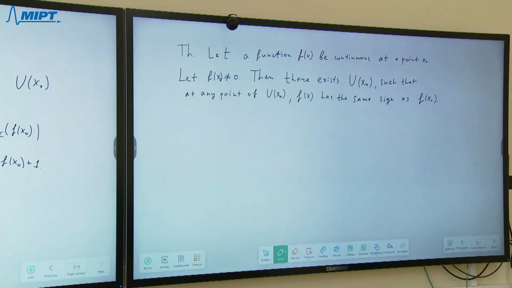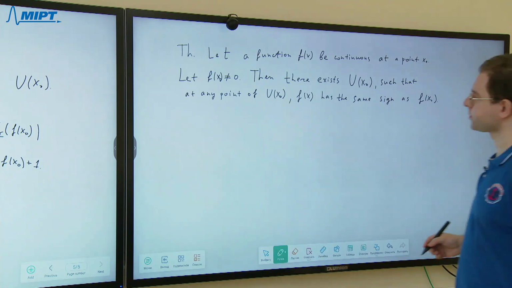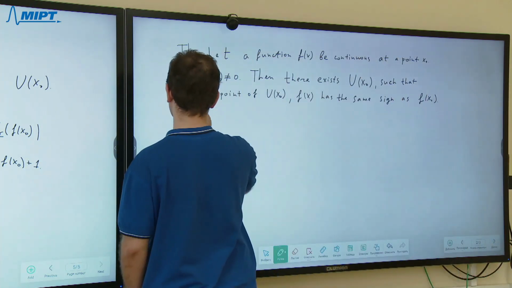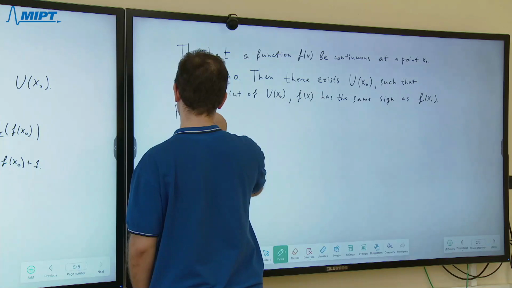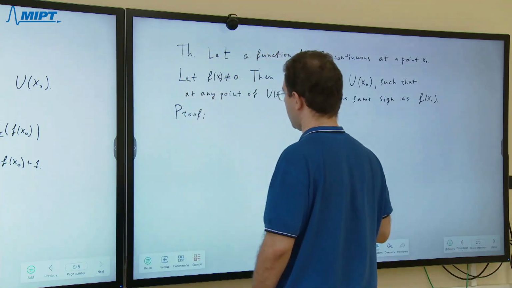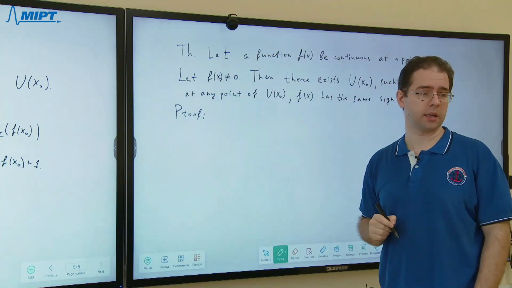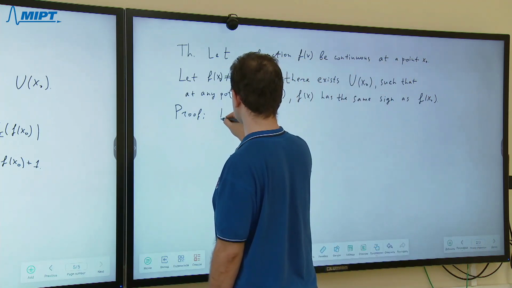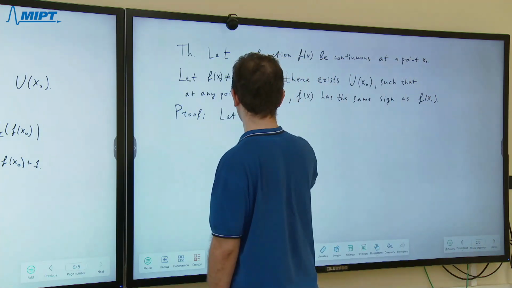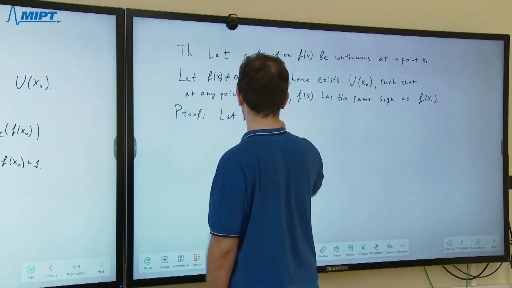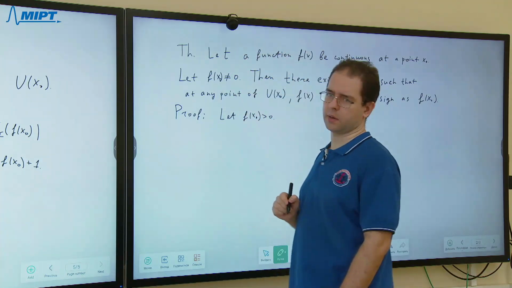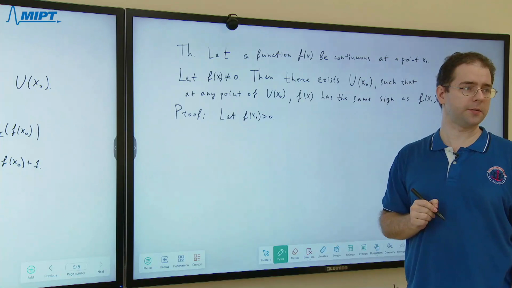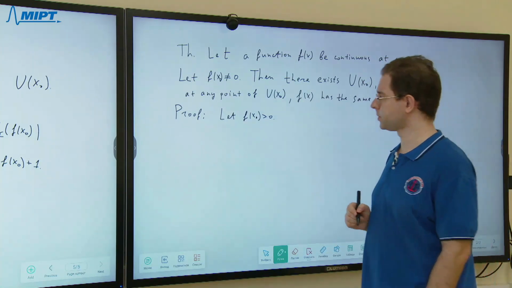Okay, let's prove it. Easy enough. Proof. Once again, I write down the definition. Let f of x0 be positive, for simplicity. I write down the definition of continuity.